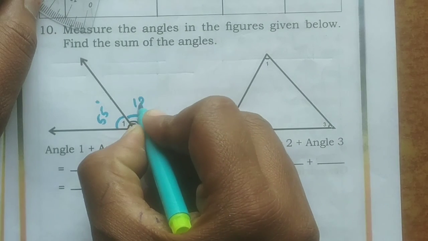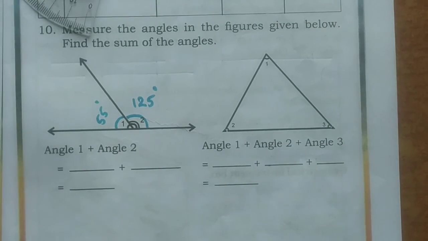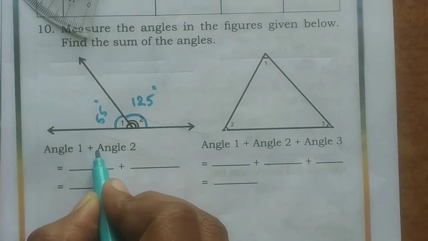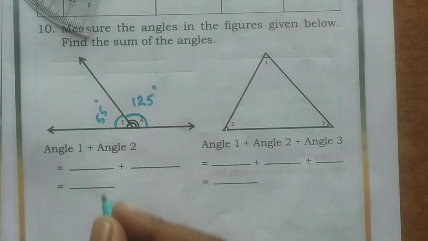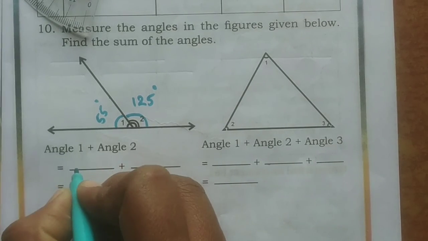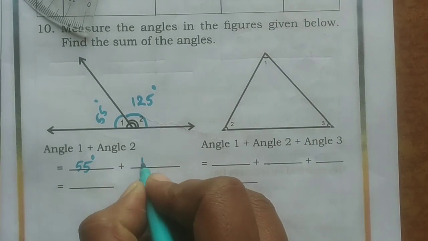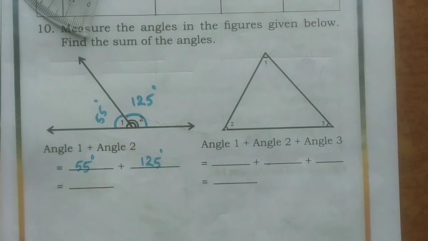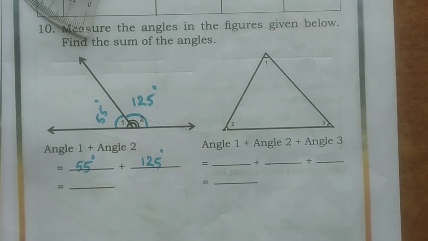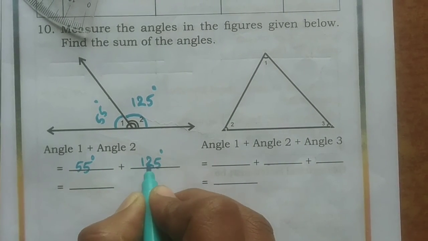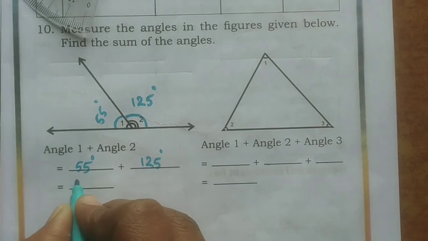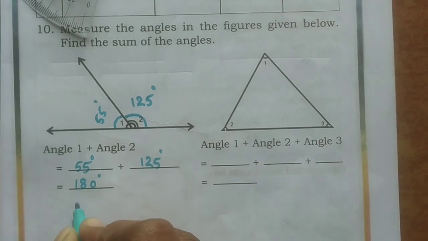So the second angle is 125 degrees. So angle 1 plus angle 2, how much is angle 1, it is 55 degrees, and how much is angle 2, it is 125 degrees. So totally how much? So 55 degrees plus 125 degrees, that is 180 degrees.